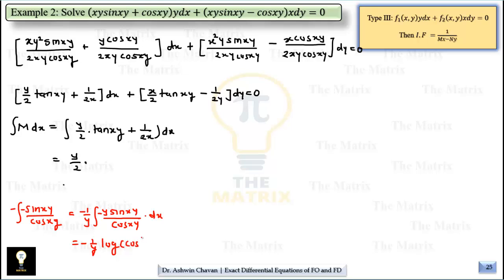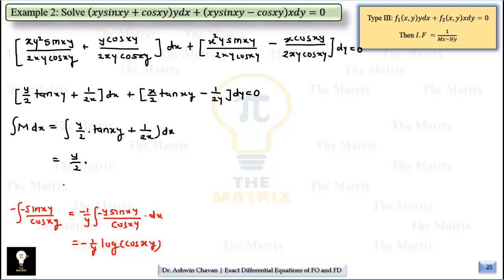So you can see the derivative of cos xy is minus of sin xy into y, which is a perfect numerator. So in this case we get the integral as log of the denominator, so log of cos xy. Or if you don't want to write the minus sign, you can write this as 1 by y log of sec of xy.